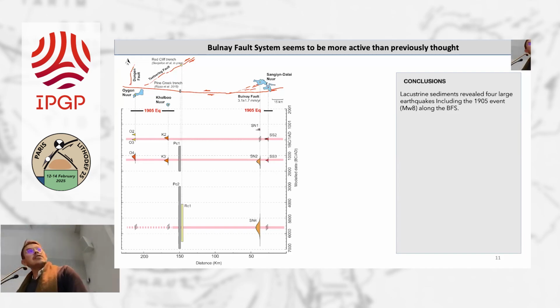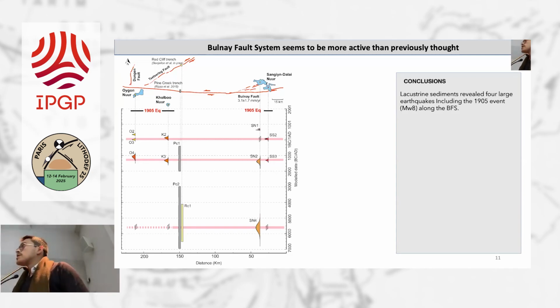But let's take a look. Let's start with this particular event. This event corresponds to the transition between the sandy deposits and all the silty material. And it seems to overlap in time very well with a rupture observed here along the Bulnay fault, in the Sexer Lake and along the Bulnay fault system.